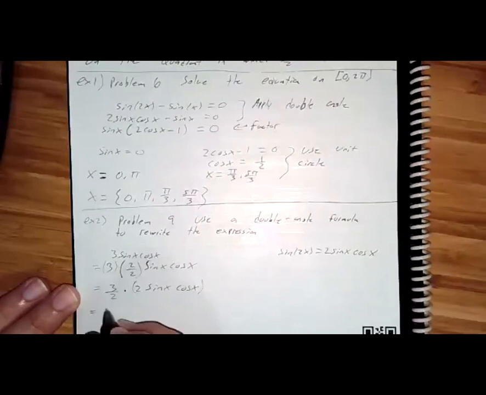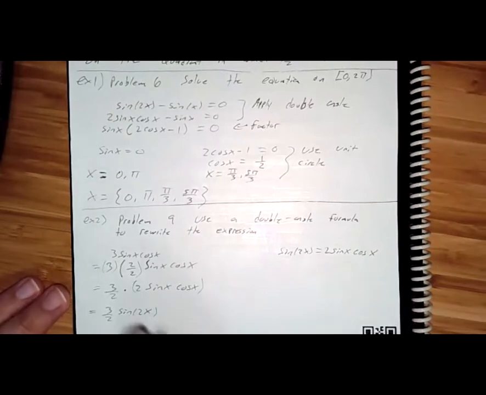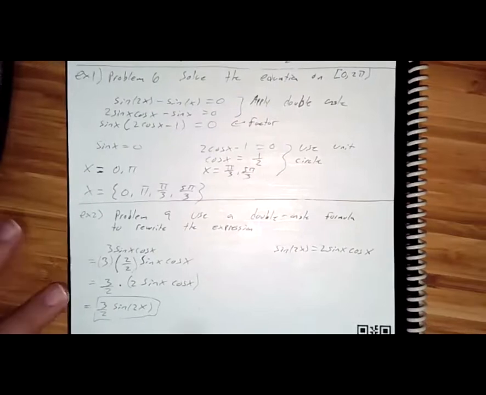So then we get 3/2 sine of 2 theta, or 2x. And that's it. You just force the transformation, I guess, the identity.